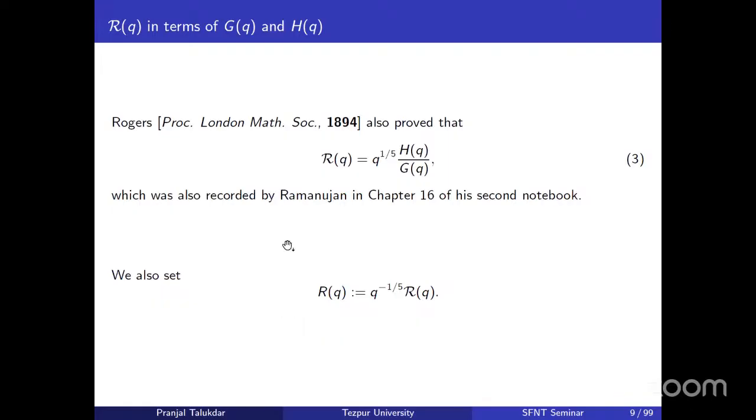He also proved that this continued fraction can be expressed as a quotient of these two functions with an additional factor of q to the power 1/5. For our convenience, we take this fraction as R(q), and we will use this notation wherever needed.